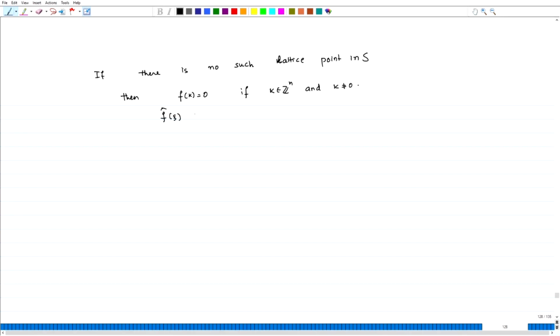Okay. So, now as you can see, f hat of xi, since this is a symmetric domain, is basically the modulus of chi of S by 2 hat of xi squared.